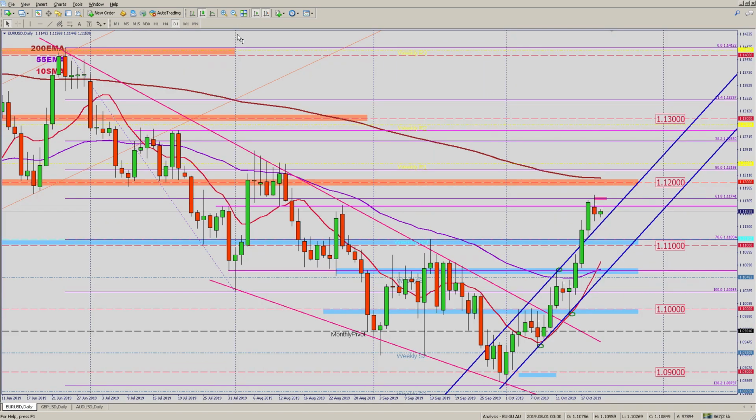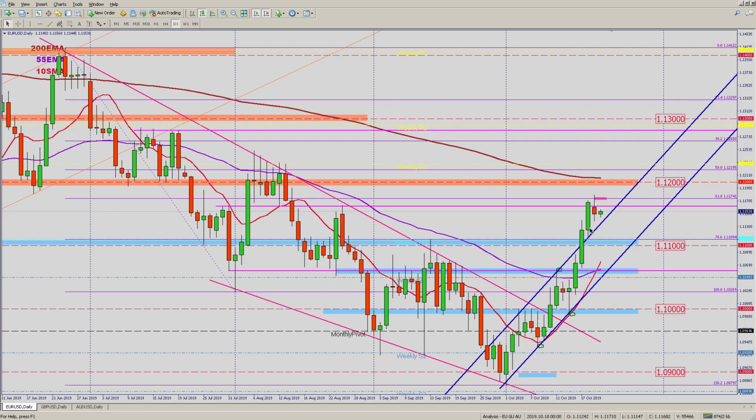Let's begin with the Euro. After a bullish close for the week last week, there was some pause in the markets yesterday with a spinning top, which is a slightly bearish close.